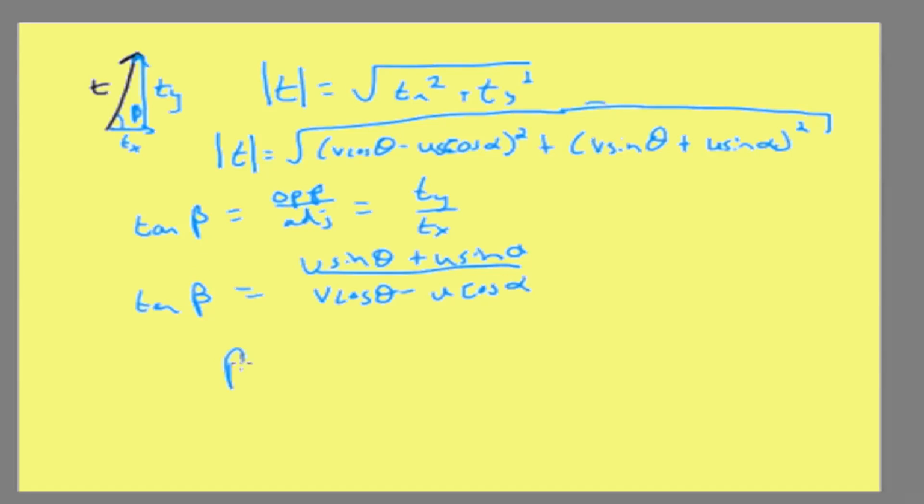And then to get the angle, you just do the inverse trig of it. So you do inverse tangent of v sine theta plus u sine alpha all over v cosine theta minus u cosine alpha.